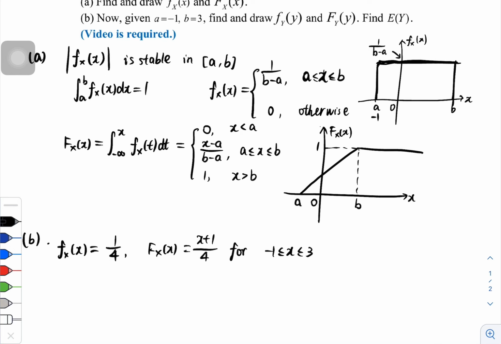This is -1, this is 3, and this is a quarter.